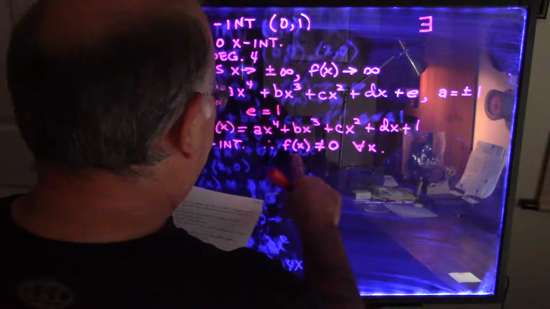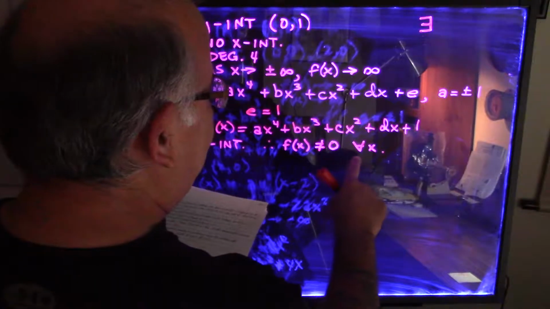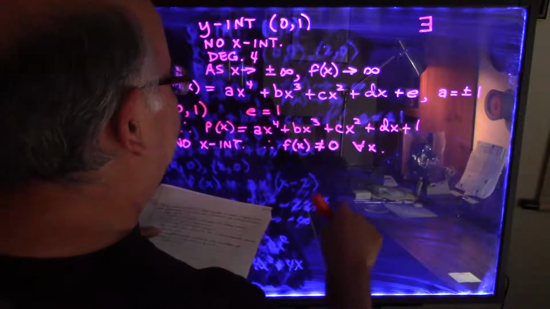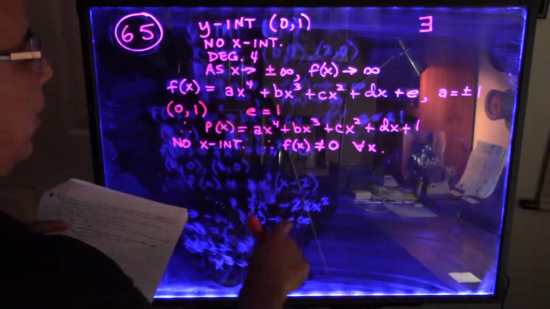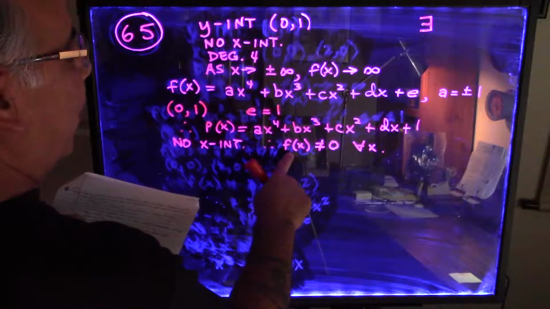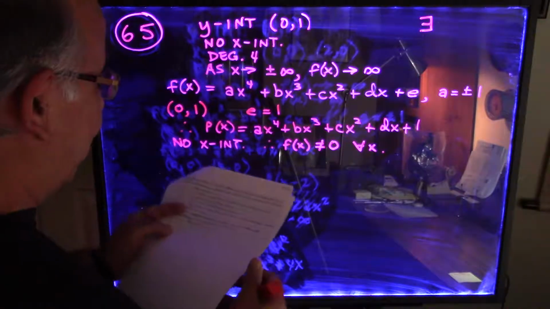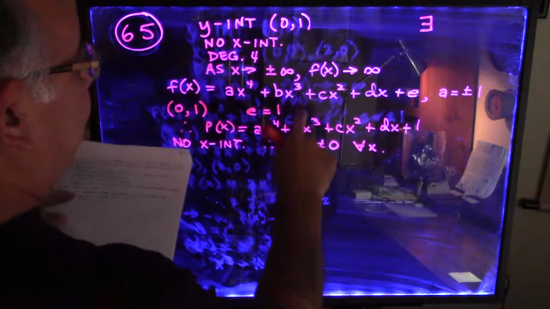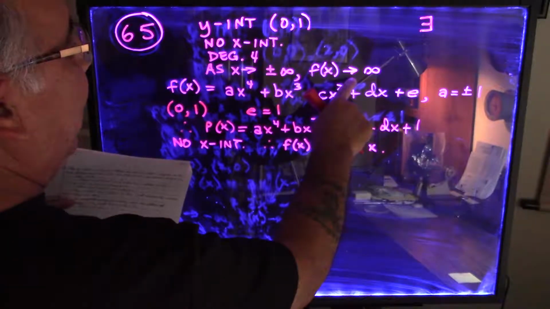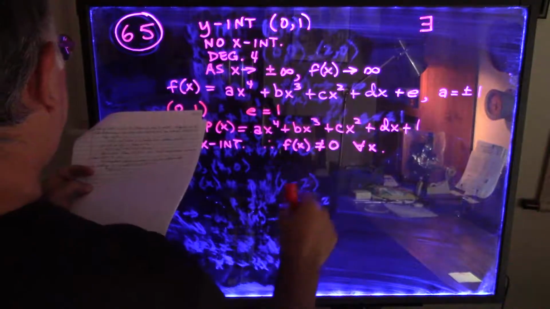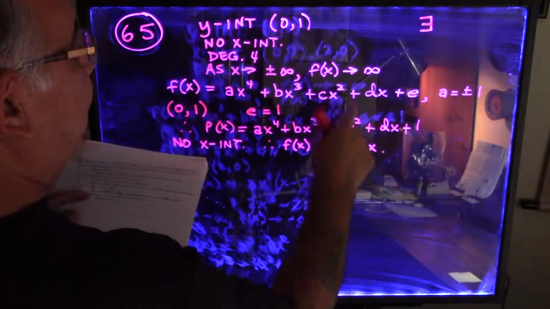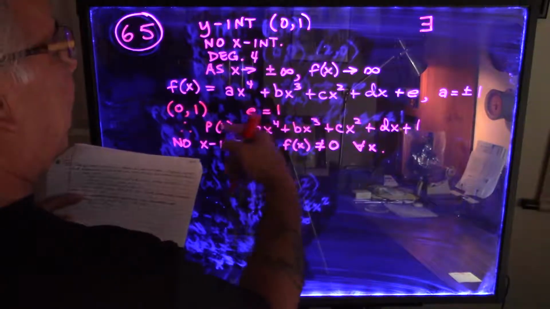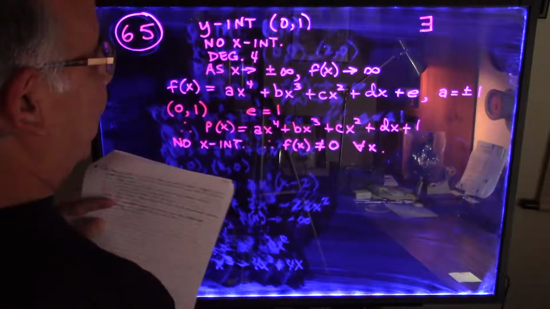Anyway, f of x does not equal 0 for all x. No matter what x is, f of x never equals 0. It never touches the x-axis. Remember, y equals f of x. y will never equal 0. Also, the end behavior shows that f of x approaches positive infinity as x goes either direction, plus or minus infinity.